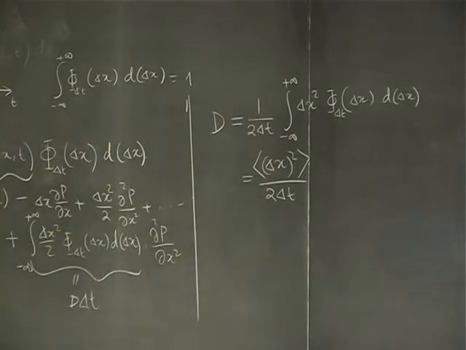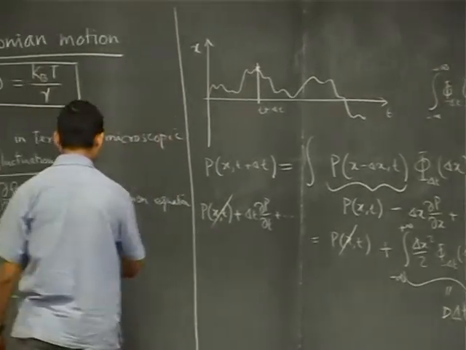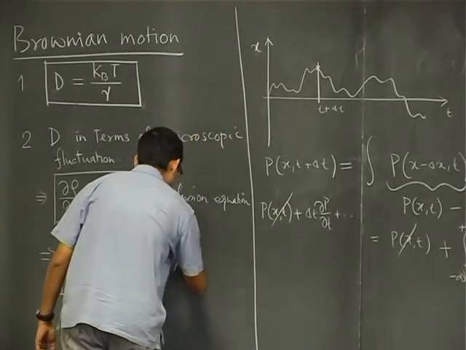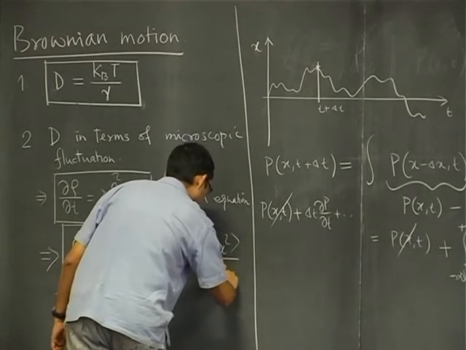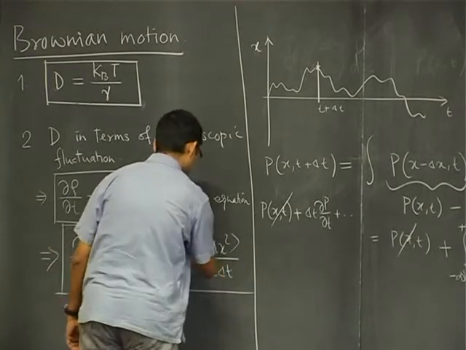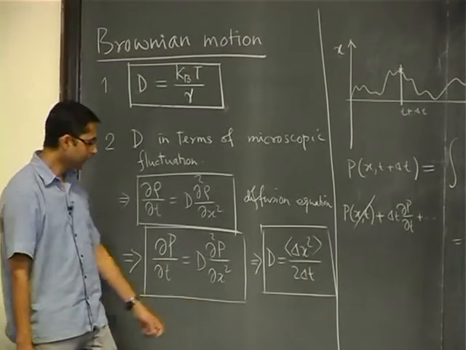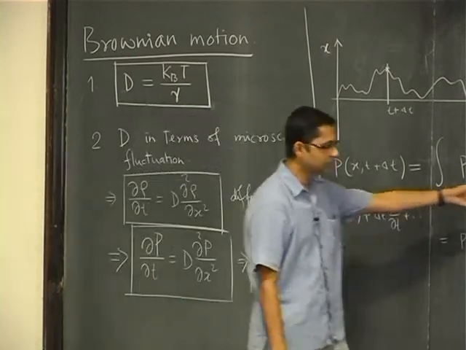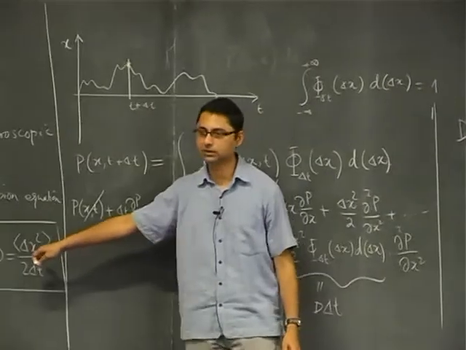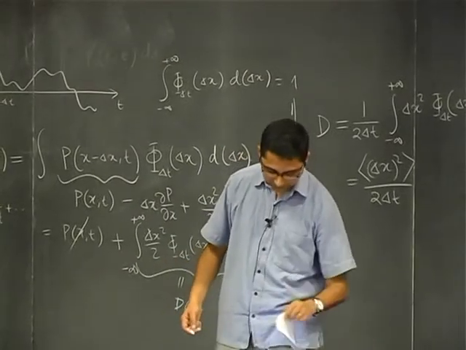So now I have two definitions of D. This is one definition, and the other is D equal to delta x square average by 2 delta t. In fact this is a general definition again. It need not be for Brownian motion, because I didn't use anything about Brownian motion while deriving this expression of D. So this is the expression of D given in terms of the microscopic fluctuations.